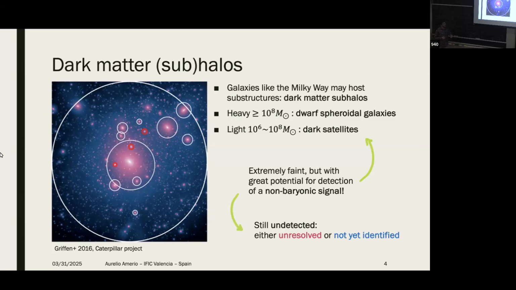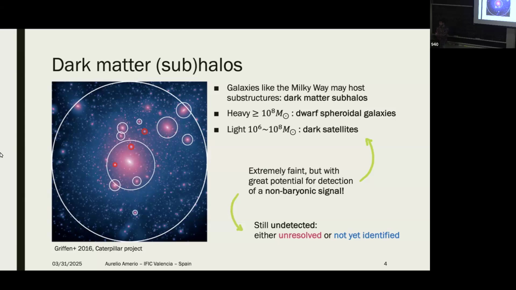This means that maybe they are among the unassociated gamma ray sources measured by Fermi. And this is what we're going to try to explore today. So we want to search if there is a population of dark matter subhalos among the unassociated sources measured by Fermi.